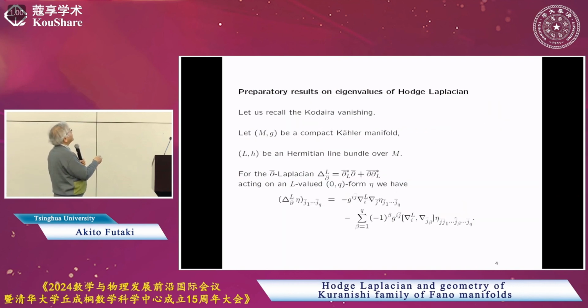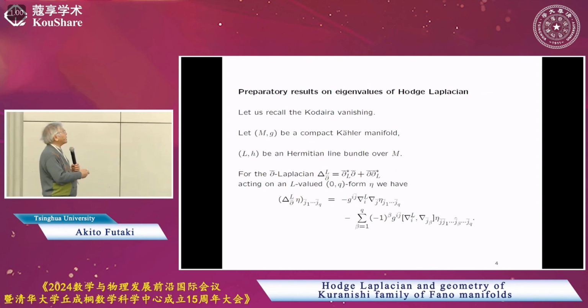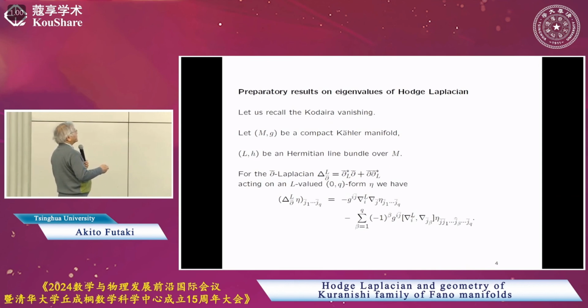I start with the Hodge Laplacian and eigenvalue. As a warming up, I recall the proof of the Kodaira vanishing theorem. So (M, g) is a compact Kähler manifold, L is a line bundle, and h is a Hermitian metric.